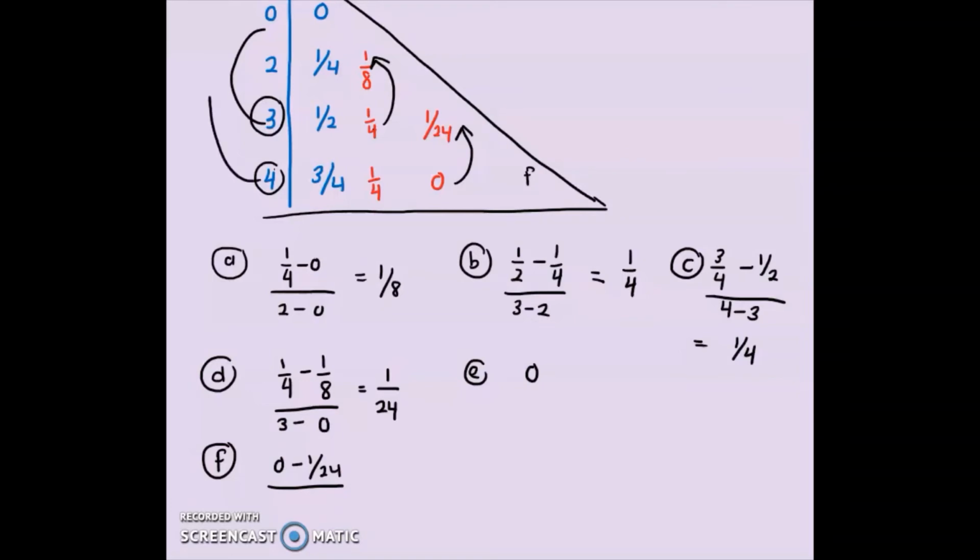So this will be 4 minus 0. That will give you negative 1 over 96. Okay, so now I found all the values. So this is negative 1 over 96.